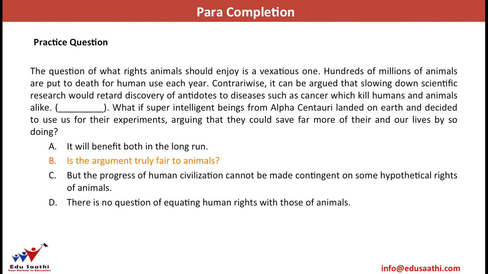Why? Because the explanation to this very question is given in the next line. The next line asks, what if a bigger or a mightier force lands on Earth and starts experimenting on us? So the tone says that we are justifying by comparing ourselves to the animal. So the comparison is more or less done in option number B. So my answer becomes option number B.